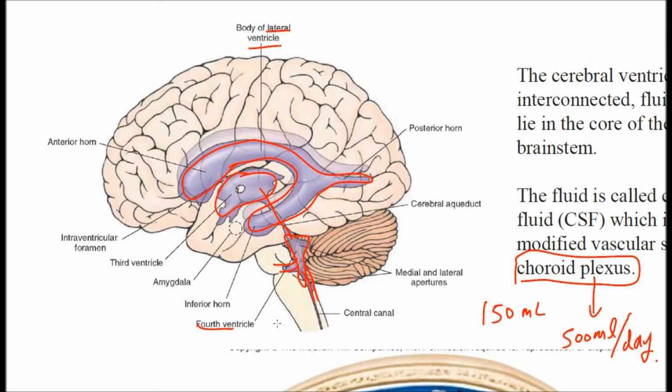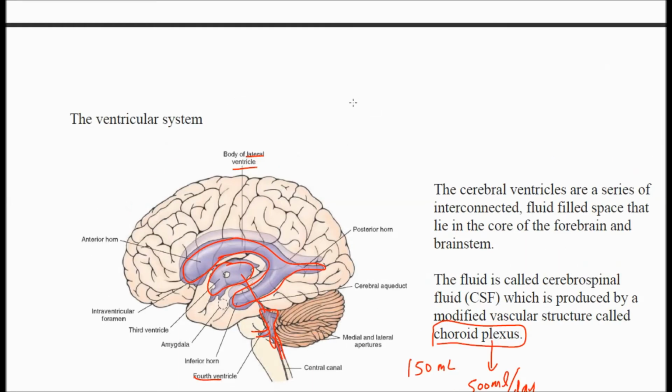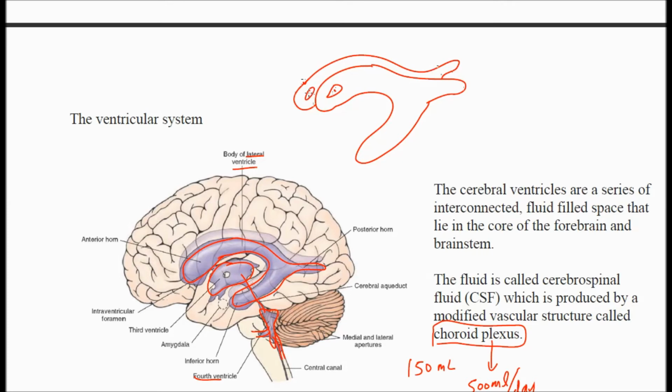In order to help you visualize this structure, I actually used this diagram with my undergrad students. You can imagine two sharks, ferocious sharks, trying to eat a chicken.